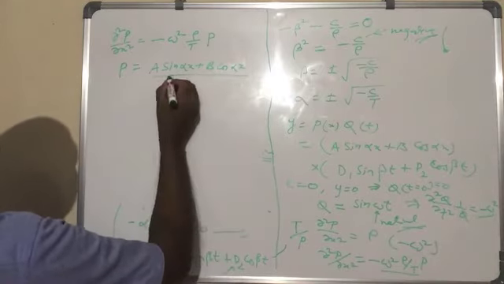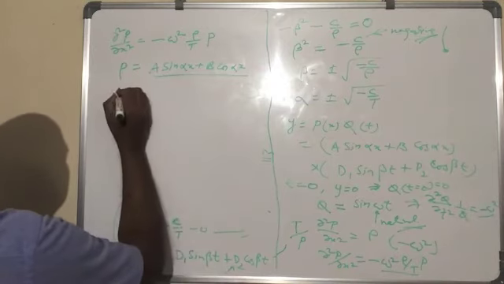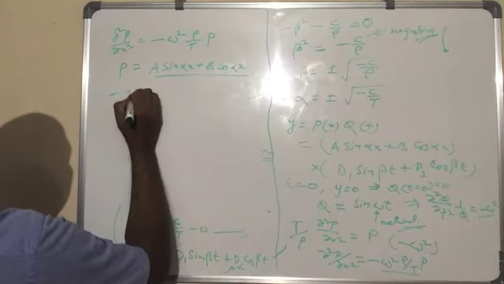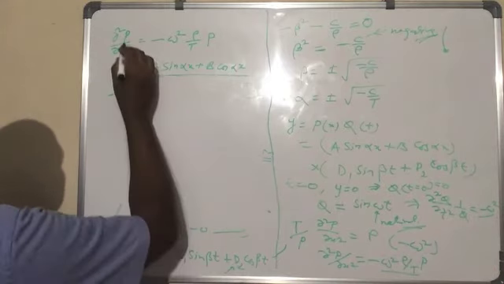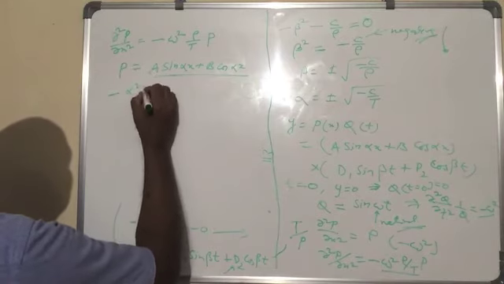So what do we get in that case is, just see here, we get minus alpha square multiplied by p, right?